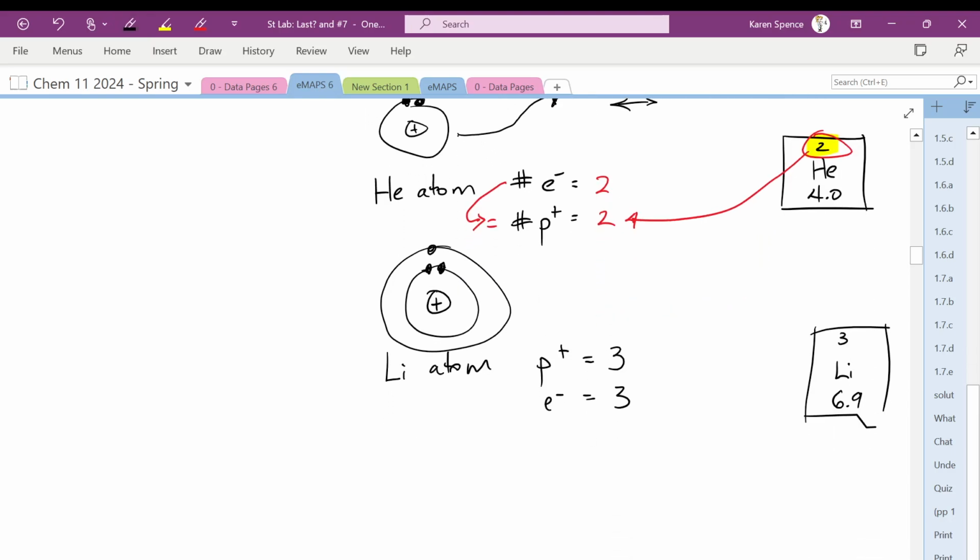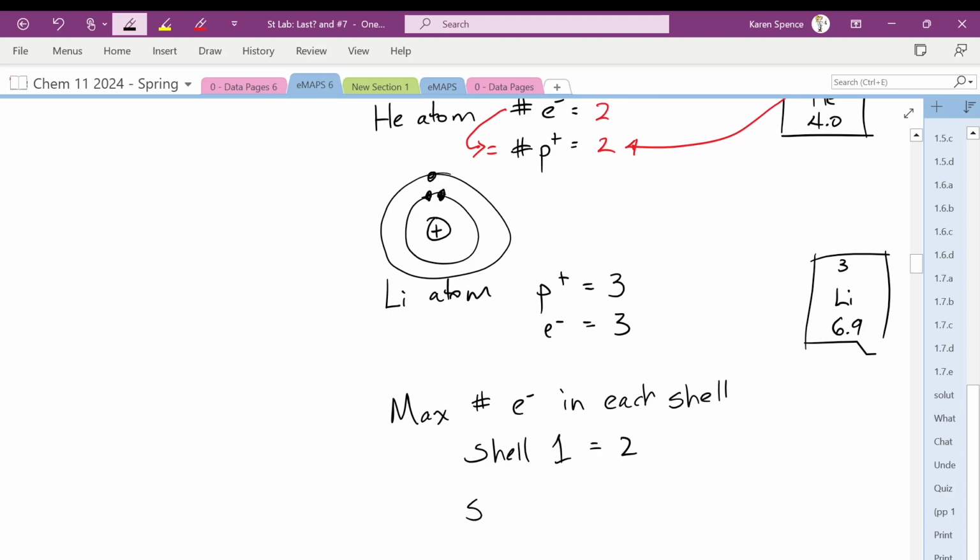What are the maximum electrons at each level? Max number of electrons in each shell. Shell 1, how many? 2. Shell 2, 8. Shell 3, 8. And after shell 3, the model falls apart.